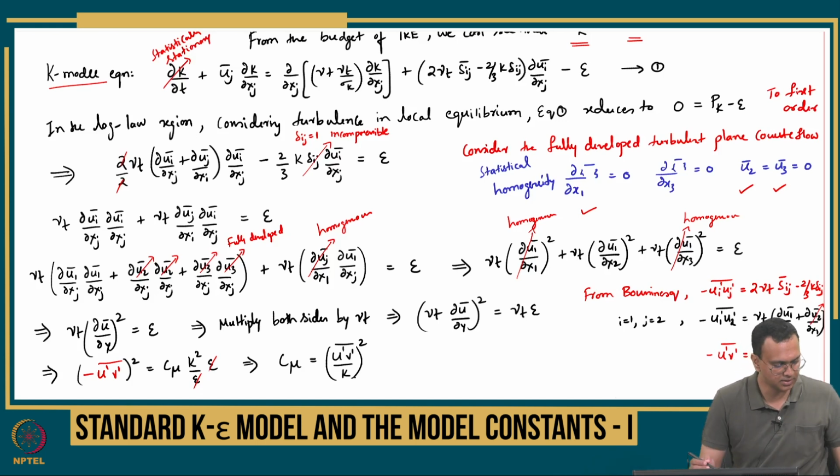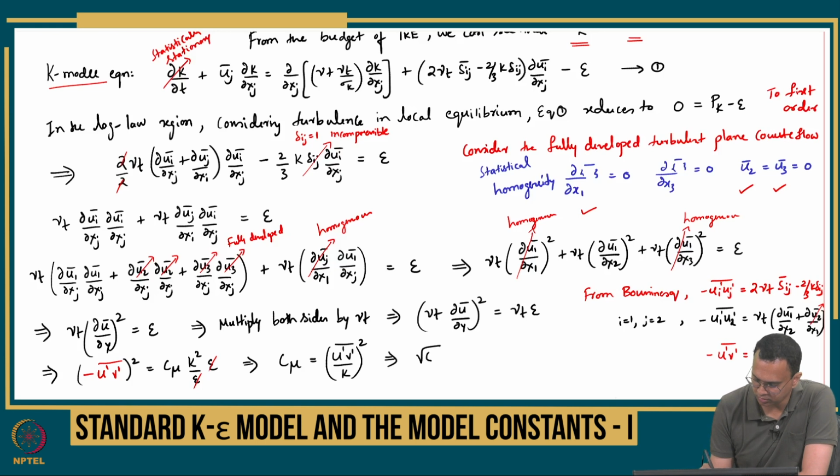If one does this, this ratio essentially becomes c mu from experimental data. The square root of c mu, that is u prime v prime by k, will be 0.3 from experimental data in the log law zone.